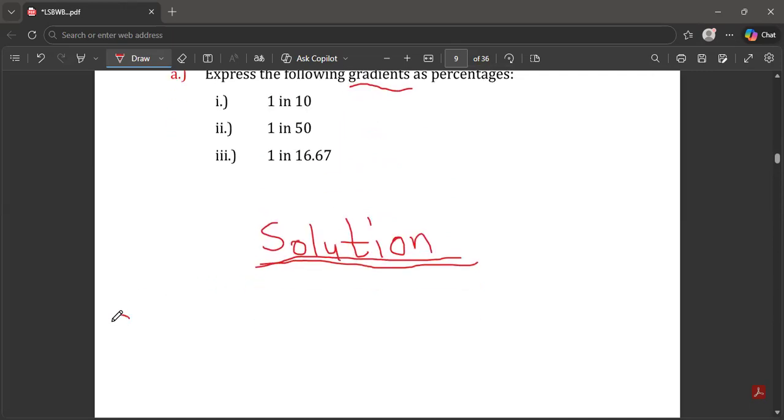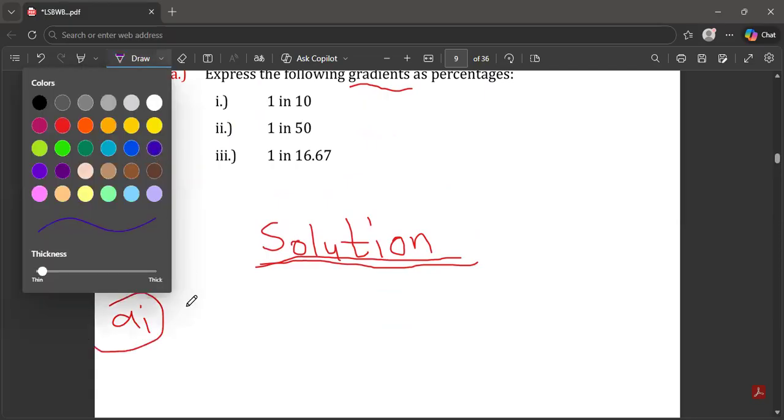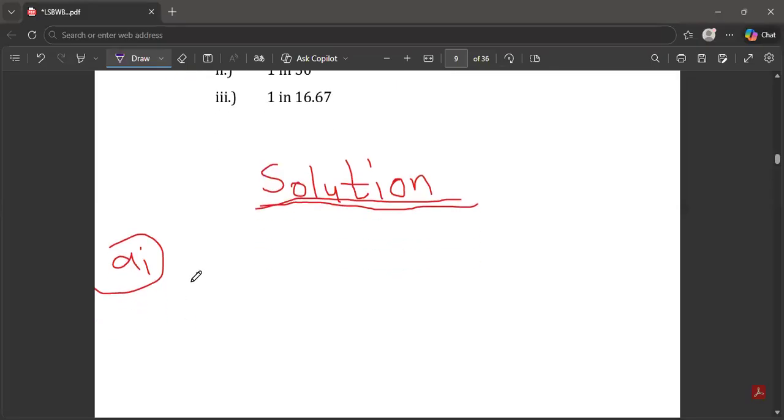With this as the solution, we are starting with question 1AI. Since we said that our gradient, before we begin, let's pull down the rule which we all follow.